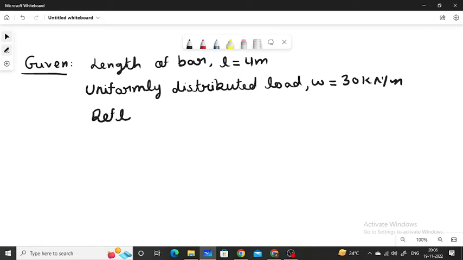Deflection has been given at the center of the beam 15 mm, or say 0.015 meters.